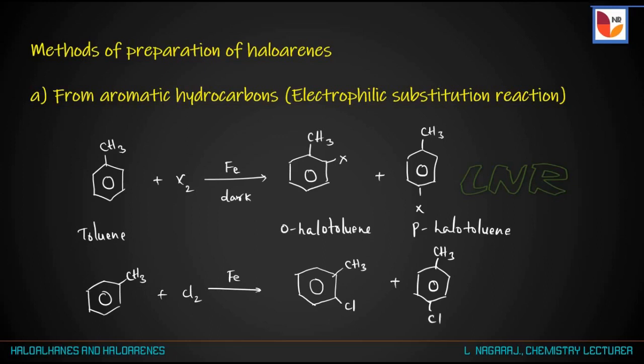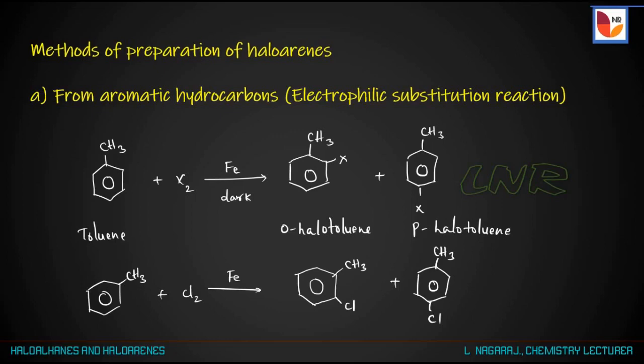In the first year we already learnt about the resonance structures of toluene. In that case, there is more electron density at the ortho and para positions. Hence, the electrophile Cl plus attaches at the ortho and para positions. It does not produce the meta product, because at the meta position there is a positive charge, and positive charges repel each other. Hence, the electrophile always attaches only at the ortho and para positions.